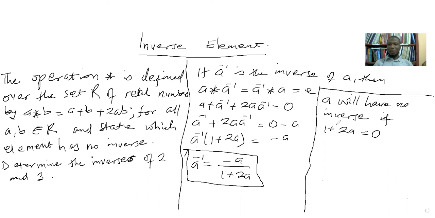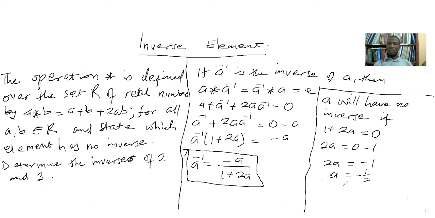Then we go ahead and make A the subject. So 2A will be equal to 0 minus 1, and 2A will be equal to negative 1. So we divide both sides by 2 to get A being equal to negative 1 over 2.